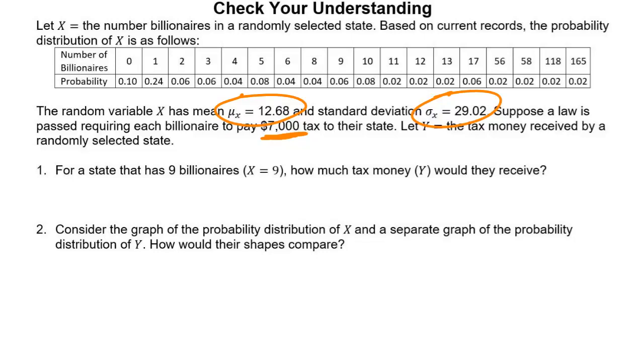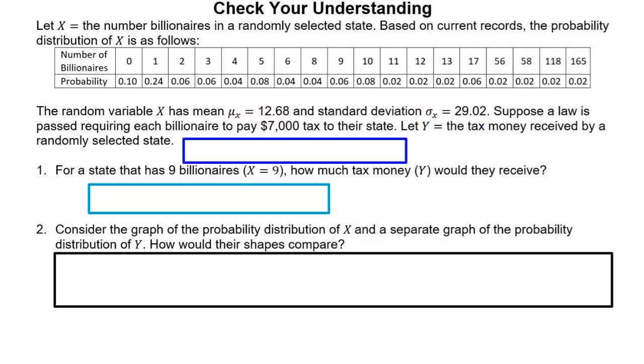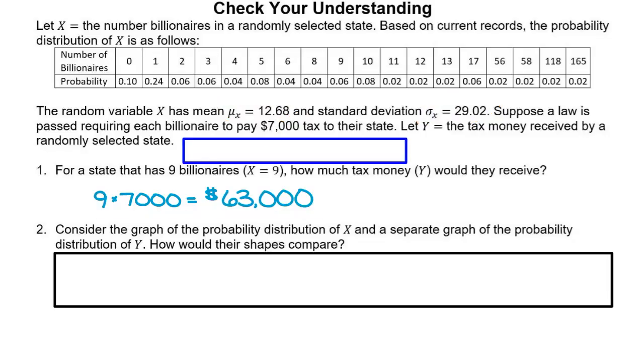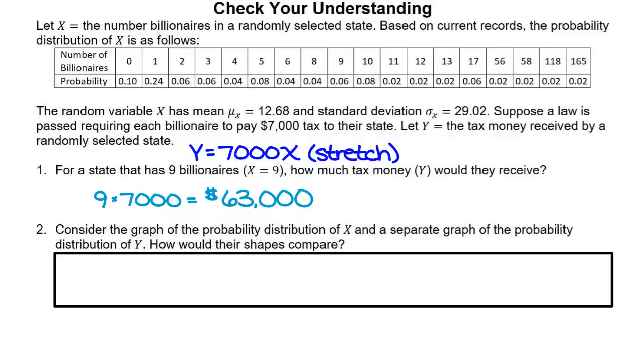Every billionaire has to pay $7,000 in tax. For a state that has 9 billionaires living in it, how much tax money would the state receive? $63,000. 9 times 7,000. My random variable y is just 7,000 times my x's. This is a stretch.